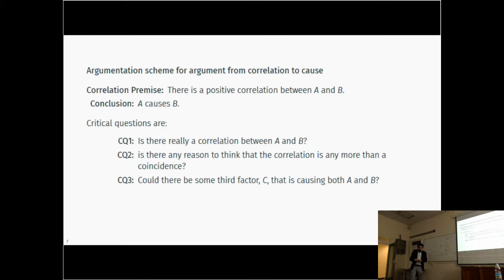But one of the additional powers for critical reasoning that argumentation schemes provide are in the form of critical questions, which are questions that you might want to ask in order to strengthen or weaken your argument.